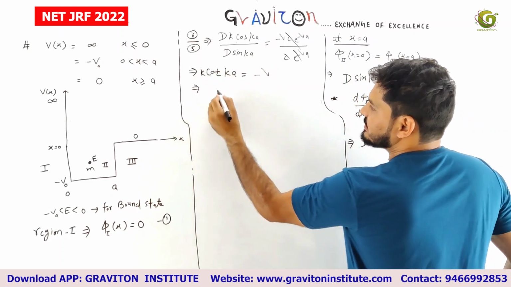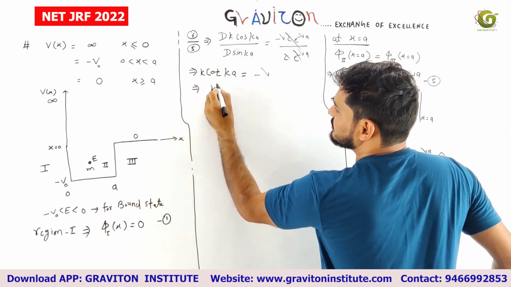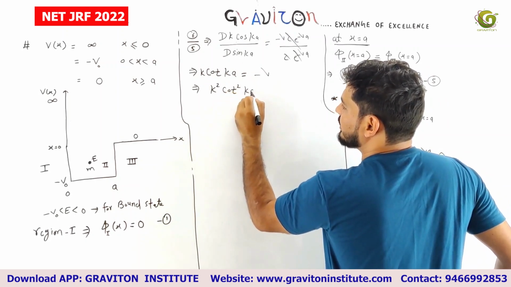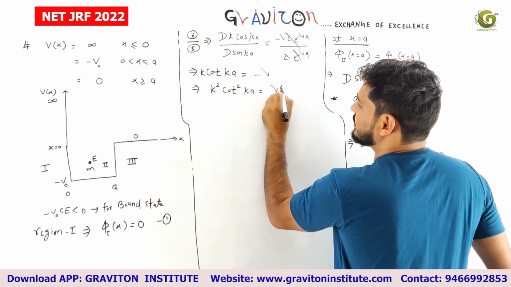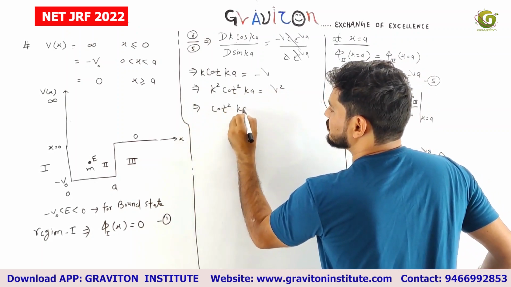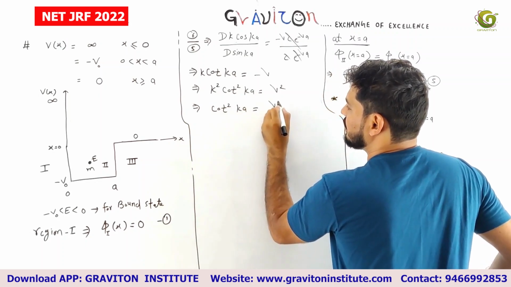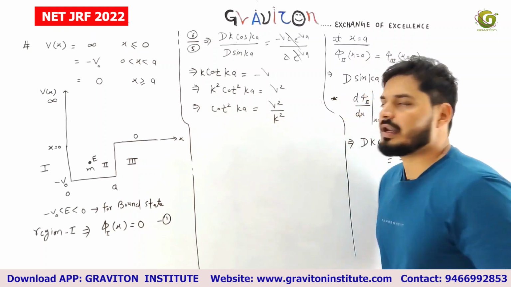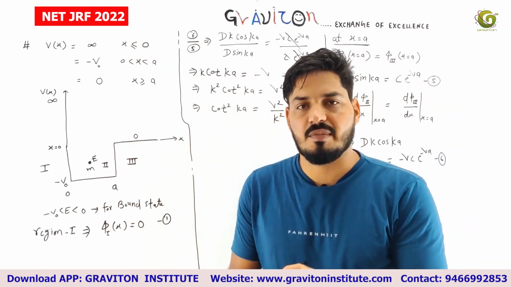So further I can say, let's do the square of this one, this is cot square ka, and this is gamma square. So this will give you cot square ka is gamma square divided by k square. Now you can put the values of k and gamma.